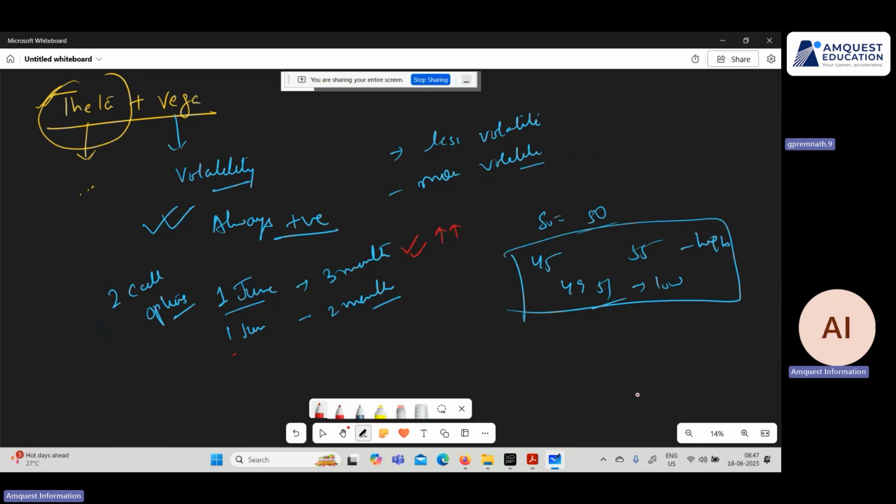It has more days to expire. Totally. Since it has more days to expiry, the chances of movement of the stock are more. The stock could go either way. Versus for a short period, think about this: you have NBCC today at 100. In one day, how far could it go? Maybe 110, maybe 90.